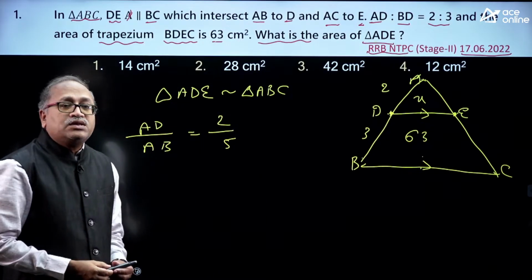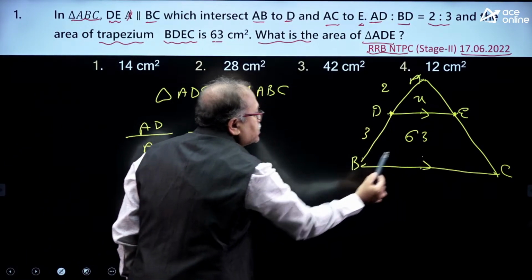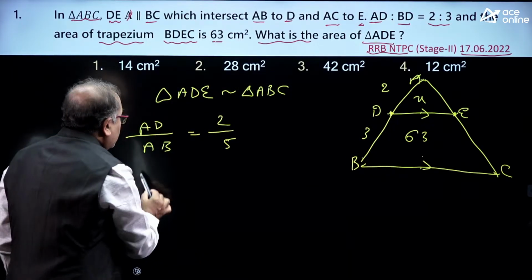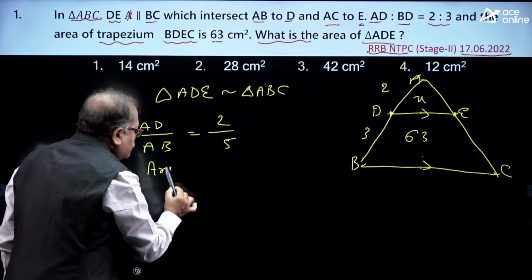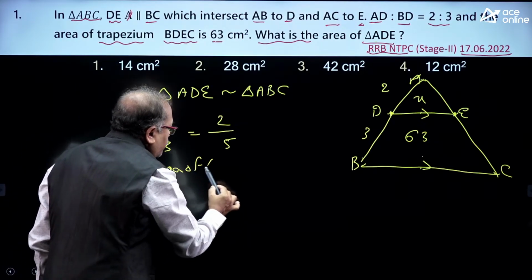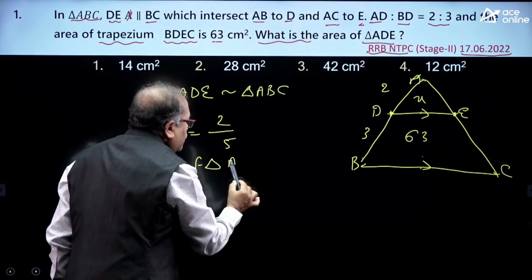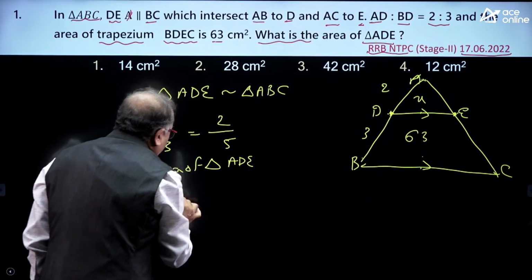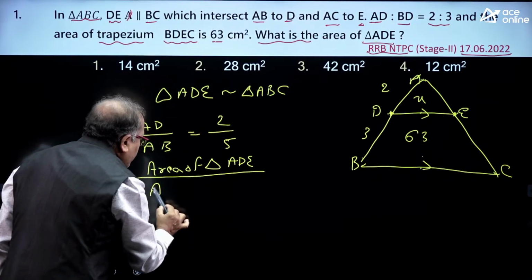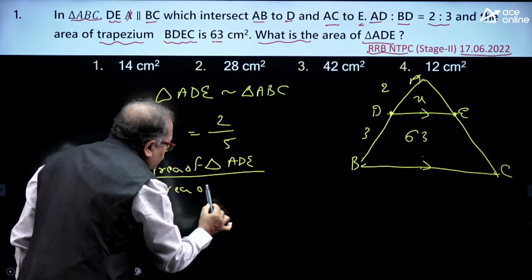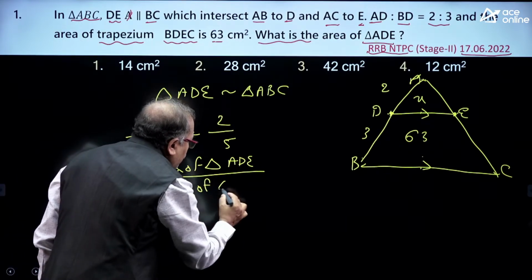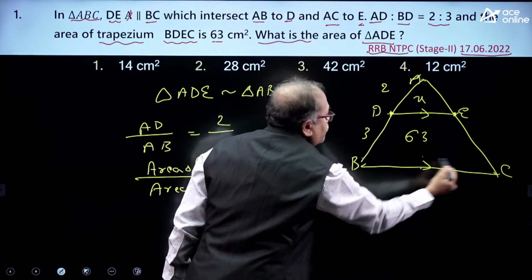Then what is the area of the first triangle to the second triangle? That is the area of triangle ADE by the area of triangle ABC.